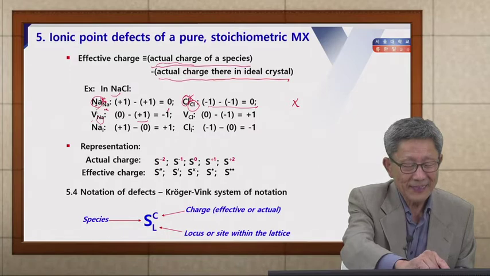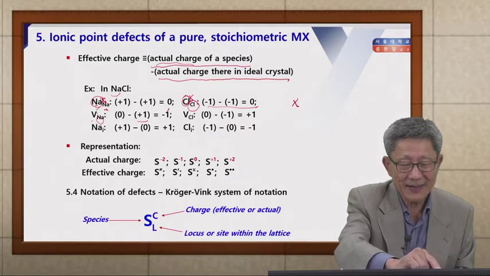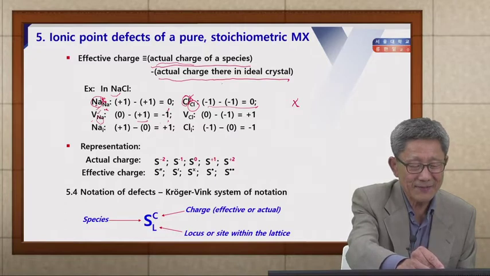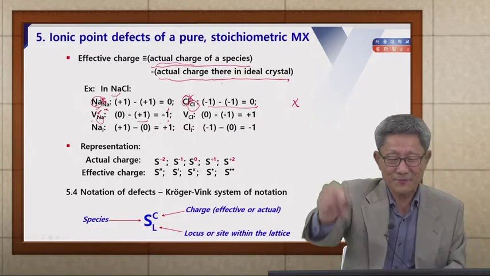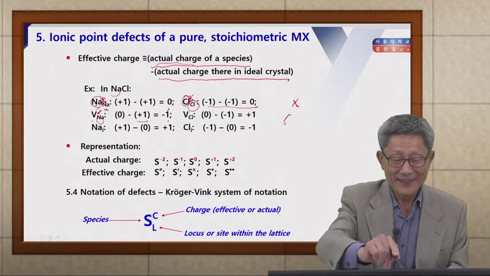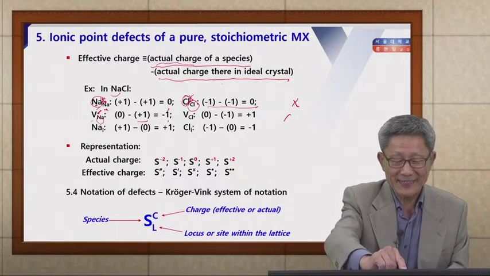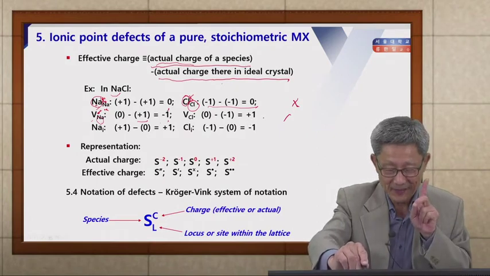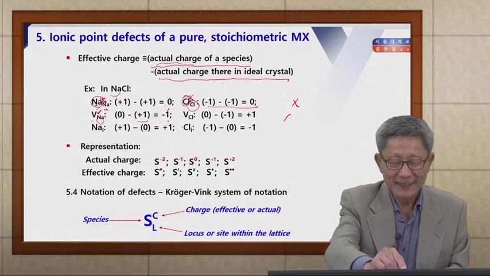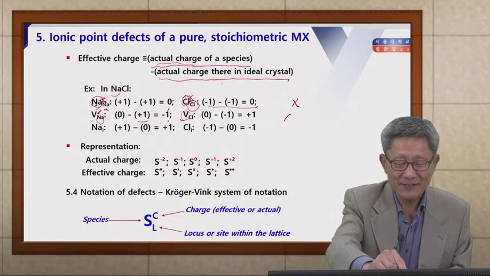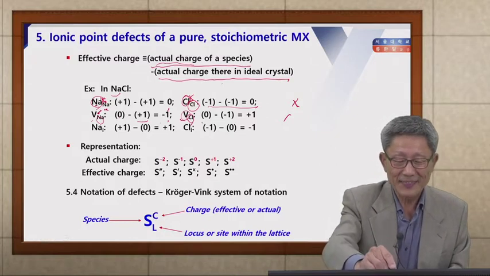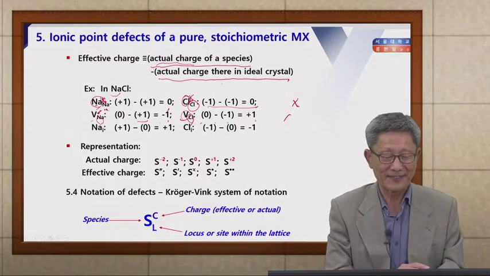So this charge minus the charge there makes -1. Therefore, its effective charge is -1, so it is represented by a prime. What about the chlorine ion vacancy? Likewise, you'll see it turns out to have an effective charge of +1, because this vacancy has 0 charge and the chlorine ion has -1 charge. Therefore, 0 minus -1 makes +1, right?